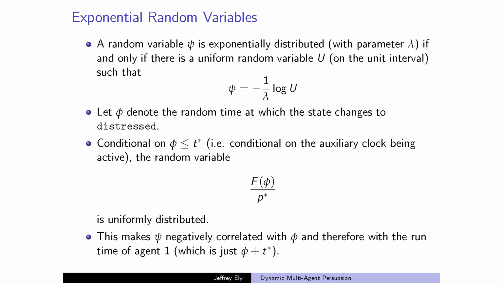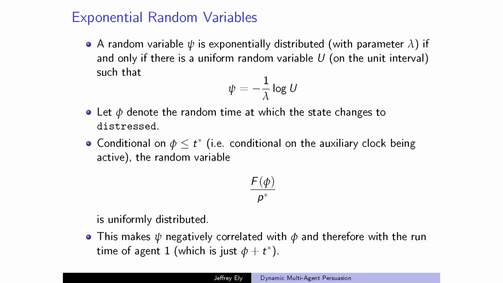Let's look at the event that phi happens before t star. That is, after all, when the auxiliary clock is going to be active. And let's look at this random variable. This is the CDF of phi. Of course, the CDF of phi takes values between 0 and 1.